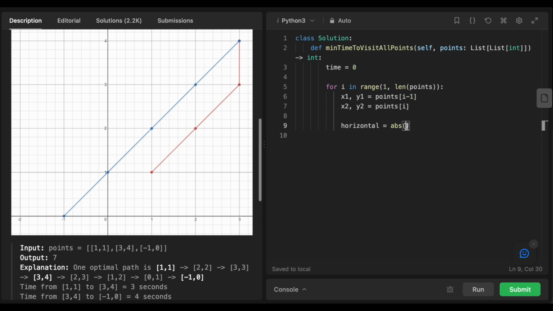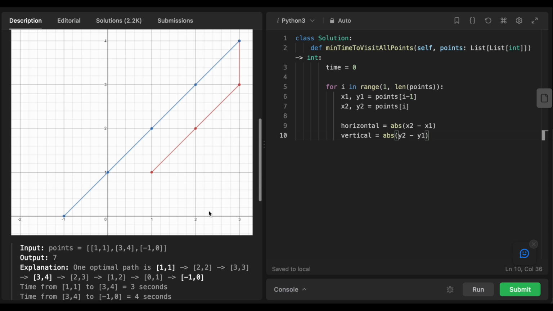So x2 minus x1. And we do absolute because we don't care about direction, we just want the distance in between. Okay? And then vertical is absolute of y2 minus y1. Once again, we don't really care which direction we're going, we just care about the distance.